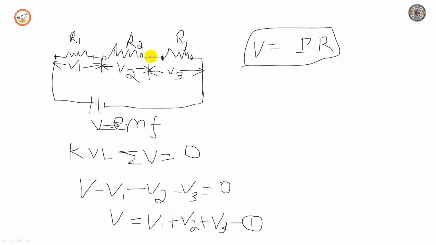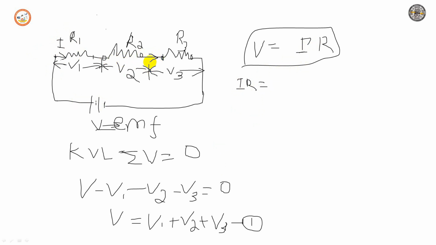So V is equal to IR. Now equation 1 becomes IR equals V1 plus V2 plus V3. The current flowing in the series circuit is I, and the current is the same in all three resistances.